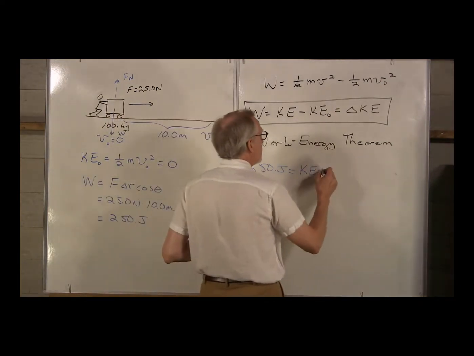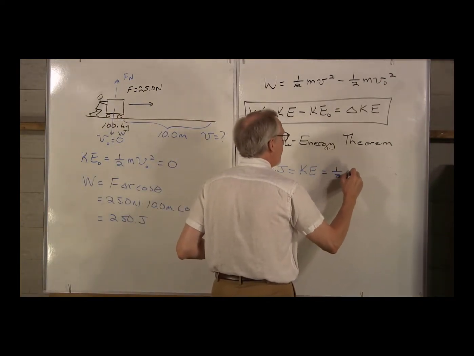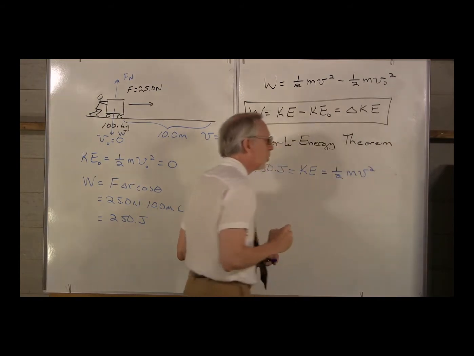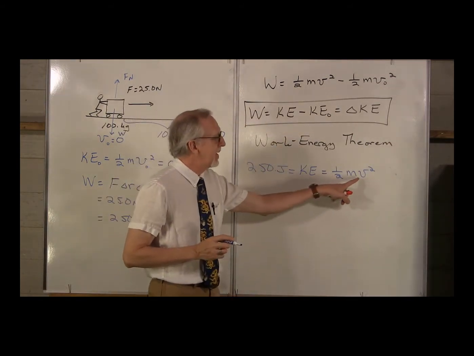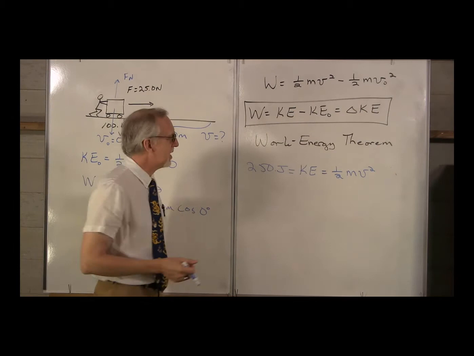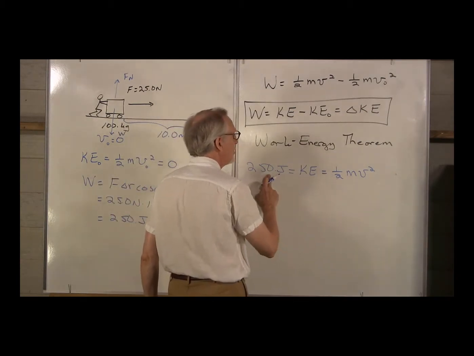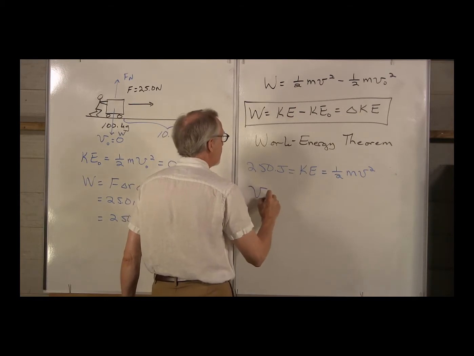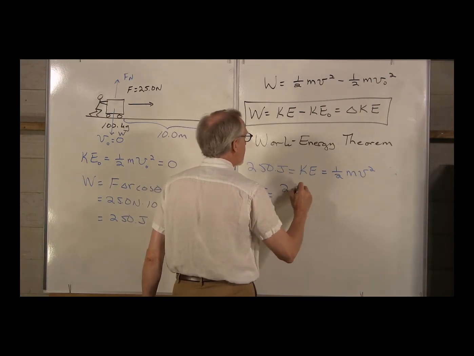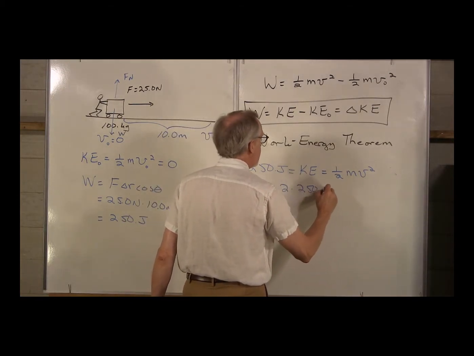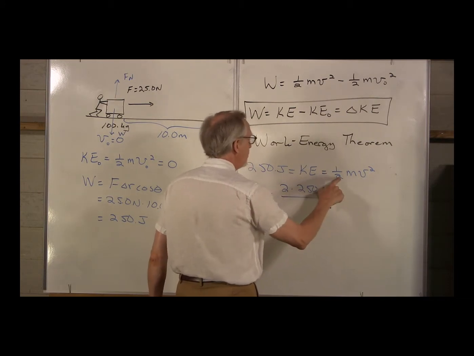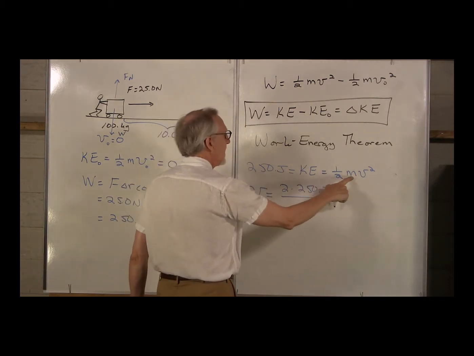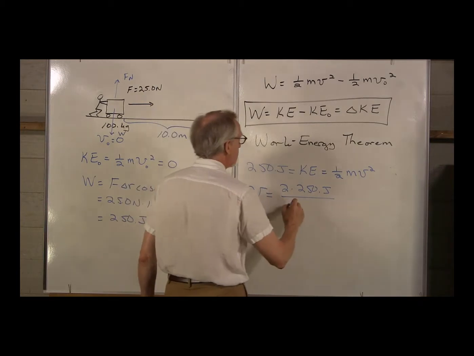But that is equal to 1/2 m v final squared. We know the mass, we can solve for the final velocity. Multiply by 2, divide by m, take the square root, we have v is equal to the square root of 2 times 250 joules, divided by m, which is 100 kilograms.